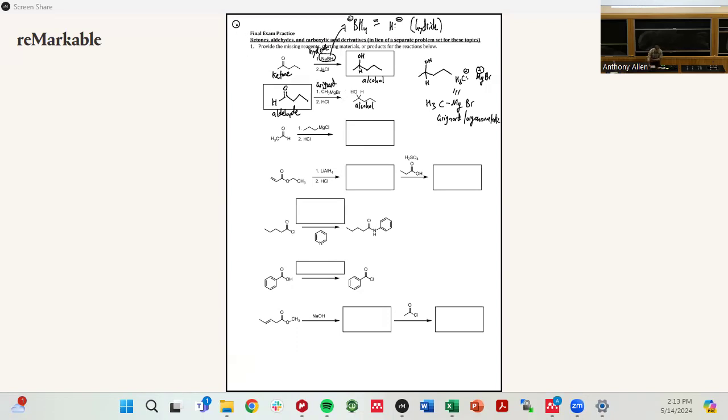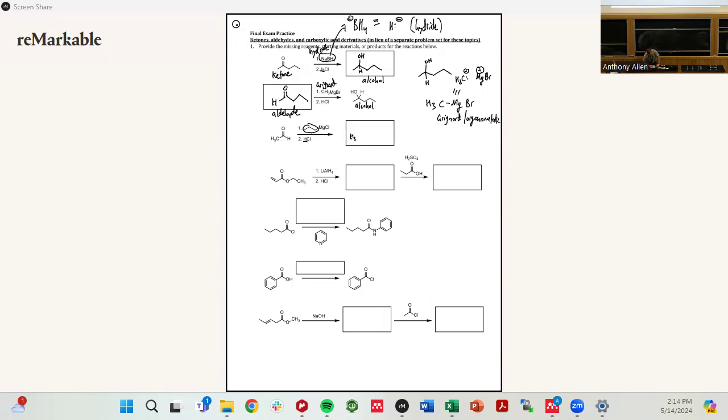Okay. Well, what is this reagent here? Step 1. Also a Grignard. So it's the same sort of reaction here. We're going to add this group to the carbonyl. What else gets added in the second step? Hydrogen.